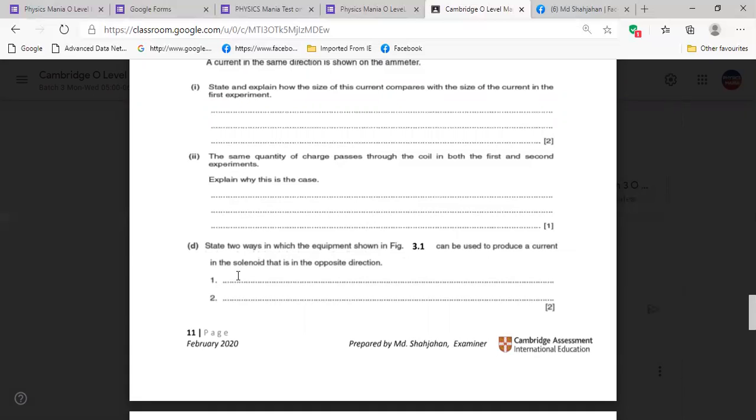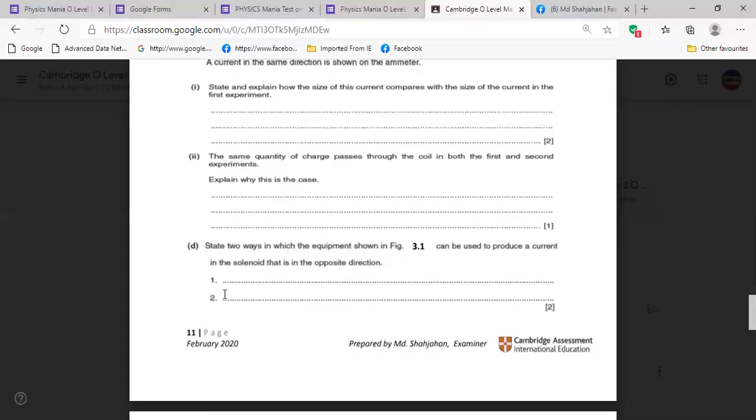Okay, more specific. From where you will remove? From the solenoid, right? Then the second line. Can you repeat?